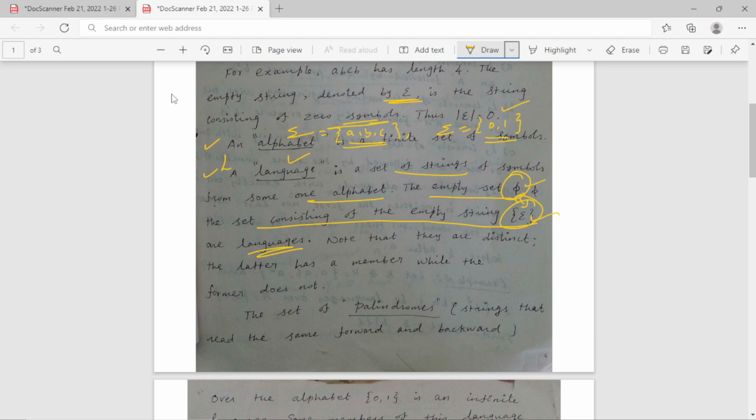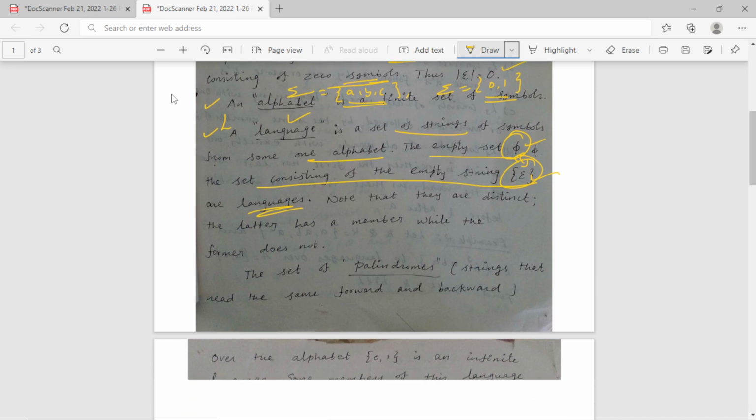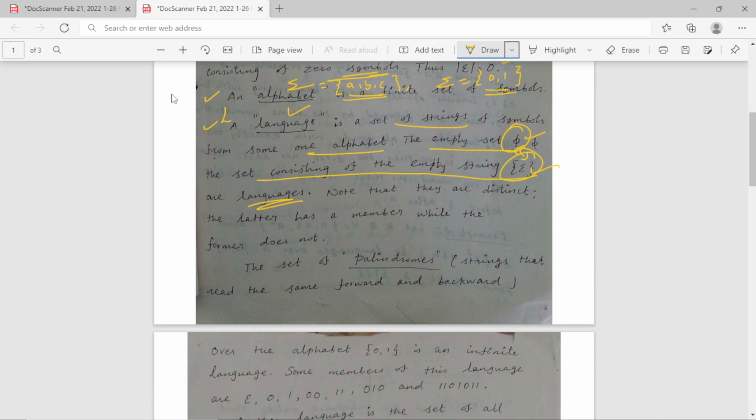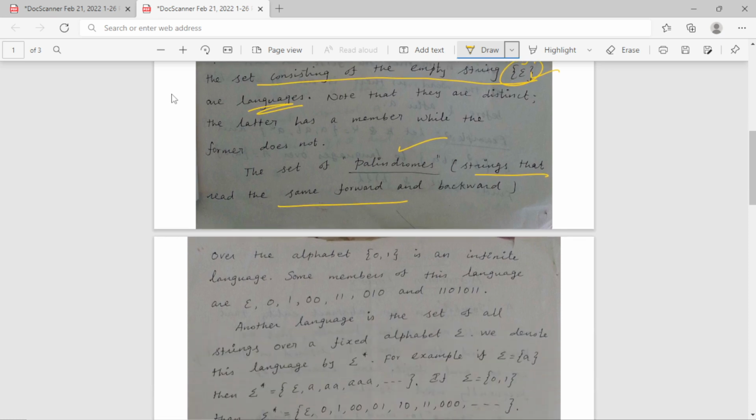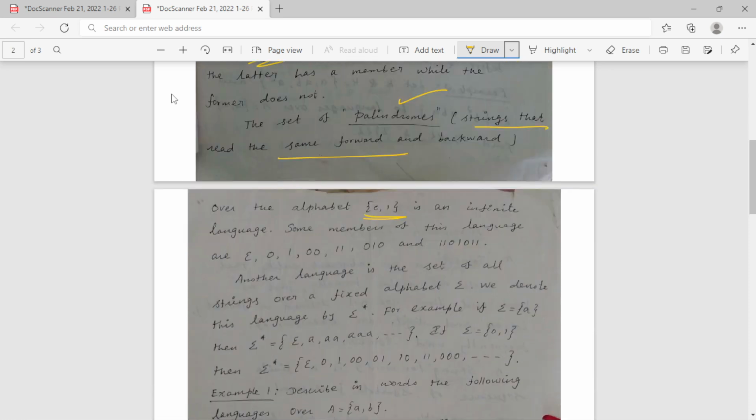So let me now move on to an example. Let me take the set of palindromes. You know what is the meaning of palindrome? Strings that read the same forward and backward, over the alphabet consisting of the digits 0, 1, is an infinite language, isn't it? Because L consists of, first, epsilon. Then 0, 1, 00, 11, 010, 101, and so on.